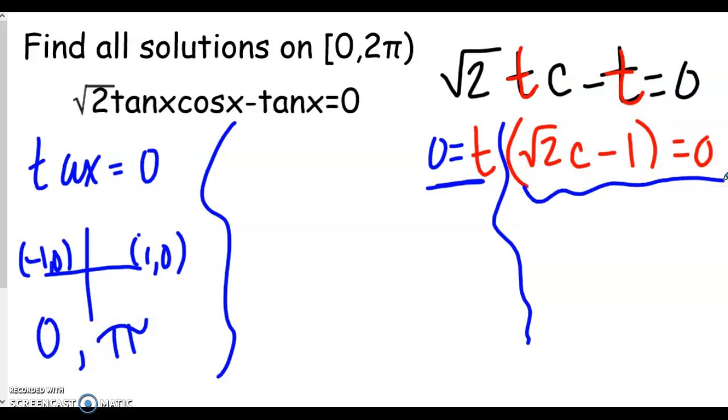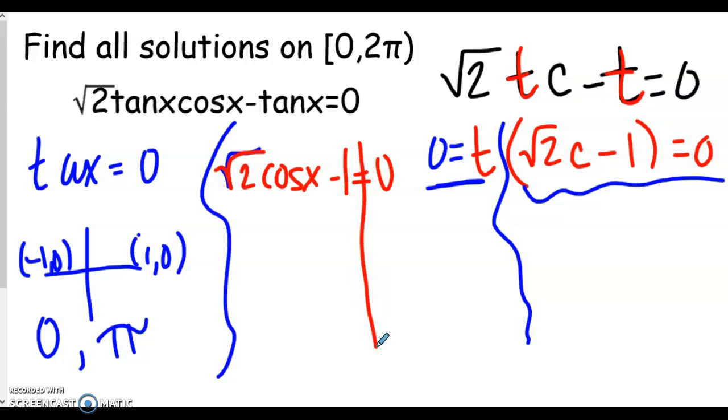Now, what's going on with this red part over here? That is square root of 2 cosine x minus 1 equals 0. Ooh, this is going to be a pi over 4. Do you see it? How do I undo this?